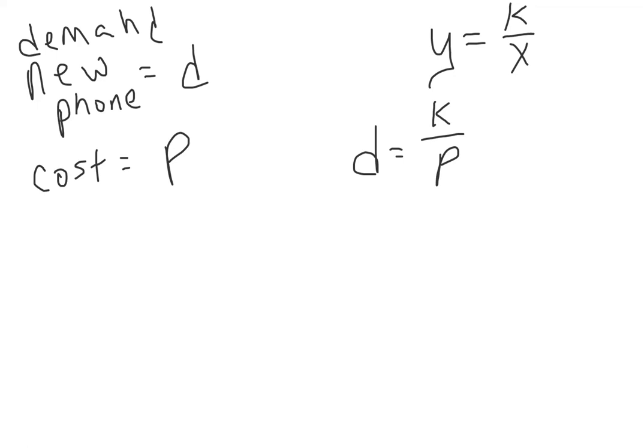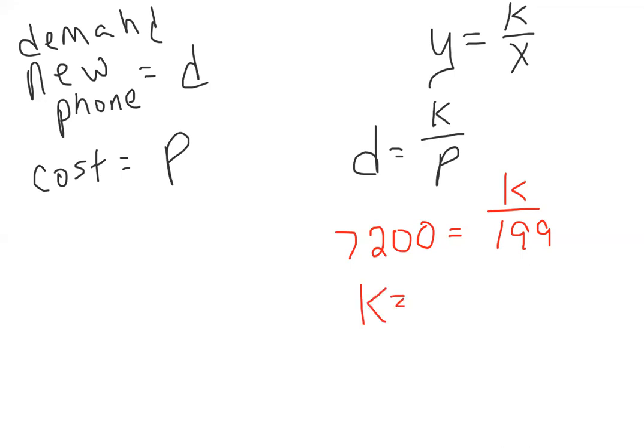And again, they're giving me price and the number of units. Well, number of units would be the demand, don't you think? So we plug in for what we know, what they gave us. And how do you get something off the bottom of a fraction? You multiply by it. So I multiply both sides by 199.